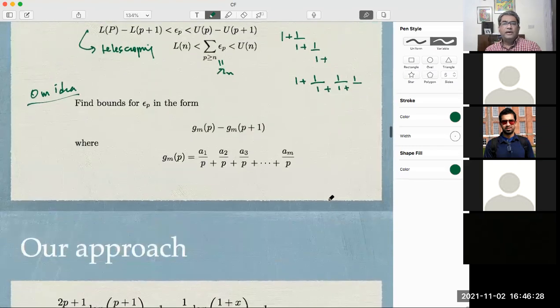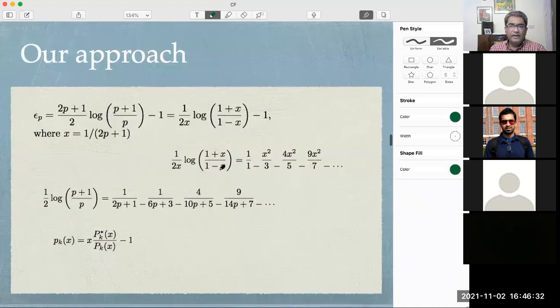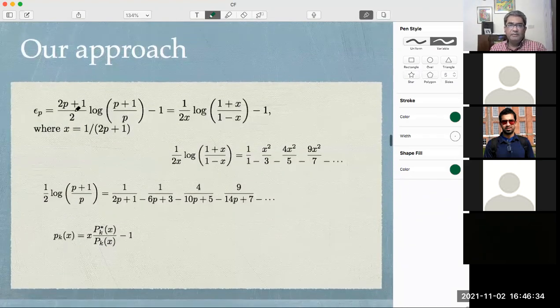Okay, so again, our approach, now with more details. This was EP, it's (2p plus 1) times log((p plus 1) over p). And it comes from this expression, log((1 plus x) over (1 minus x)), where x is 1 over (2p plus 1).